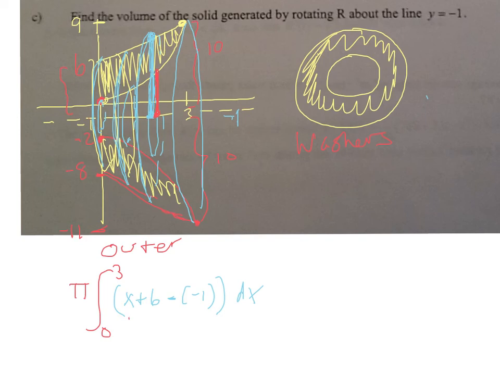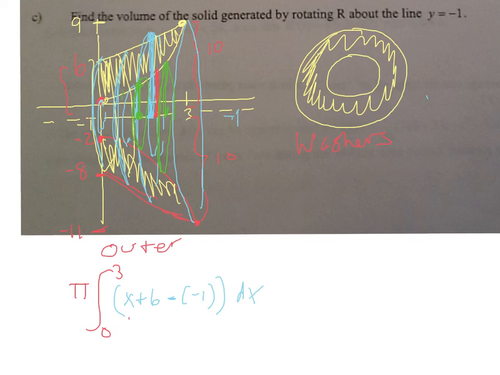Then I'm going to subtract off my inner circles. So these green circles I'll put in here that go from, the radius goes from -1 up to the x squared.